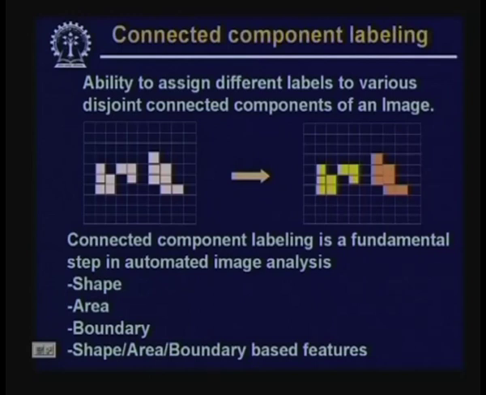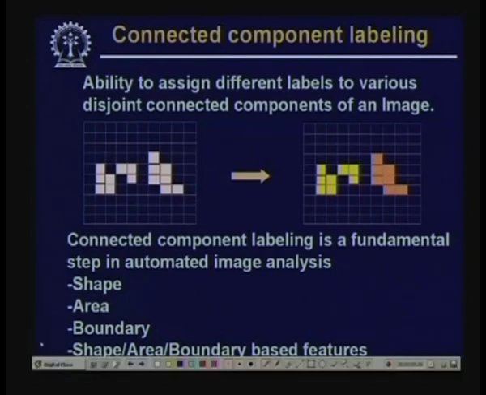As has been shown in this particular example, we have two different object regions. One object region is this and the other object region is this.